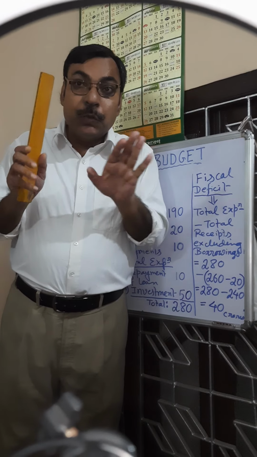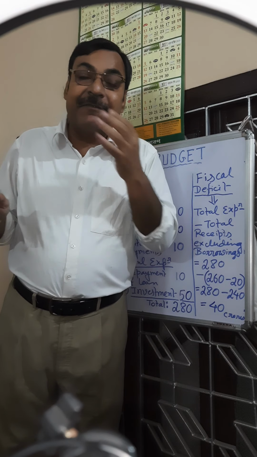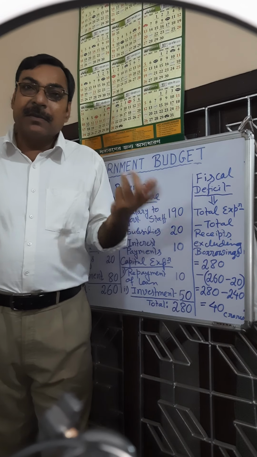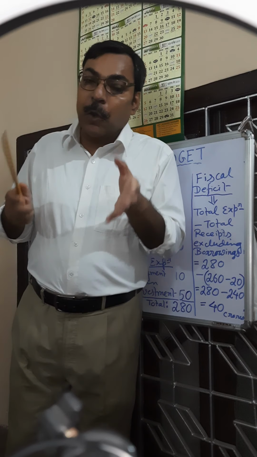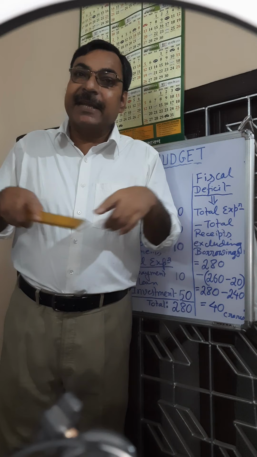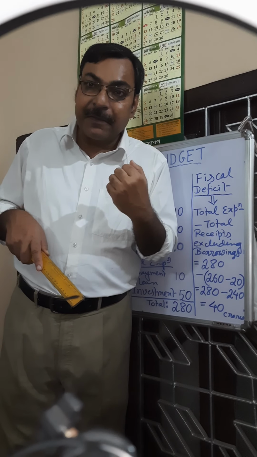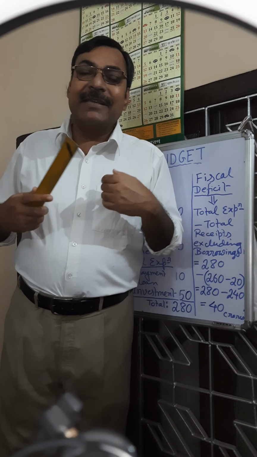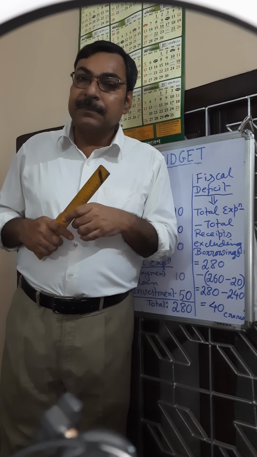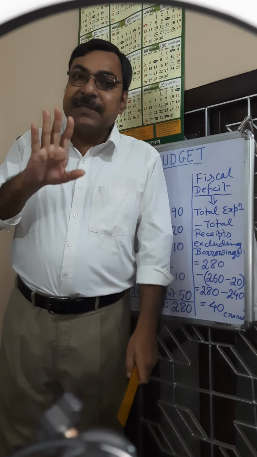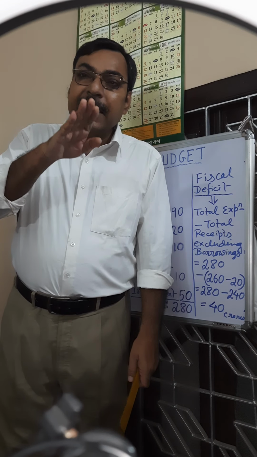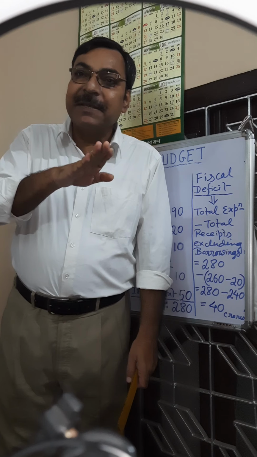Now, to cover this gap, this deficit, what are the ways? First, government should borrow. These borrowings may be from the internal sector, maybe from the central bank of the country, or maybe from external sources. At the same time, fiscal deficit can be reduced by reducing government expenditure.